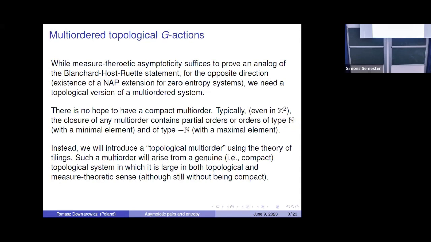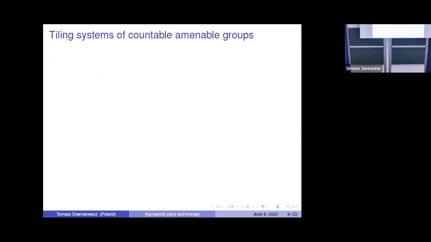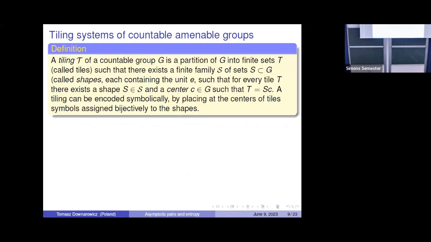This is why instead we introduce a topological multi-order as something that passes through another object, which is a system of tilings, a tiling system. And unfortunately, I need to familiarize you with this other notion of a tiling system. So what is a tiling, first of all? We have our group and we partition it into finite sets.